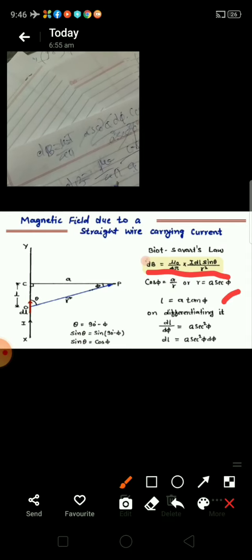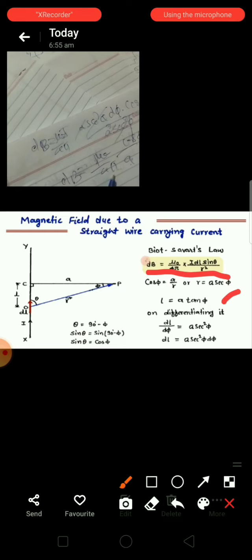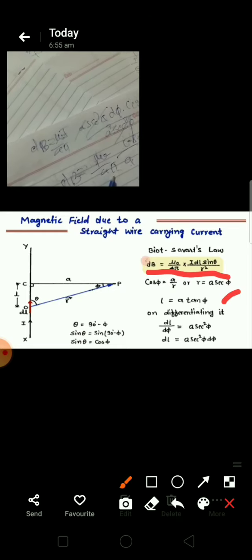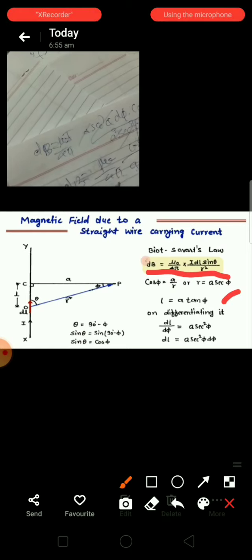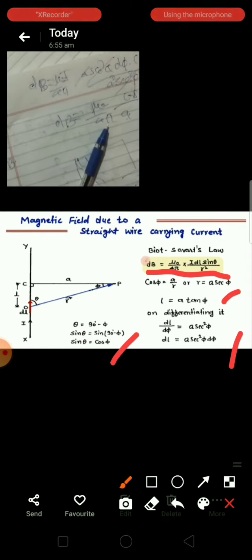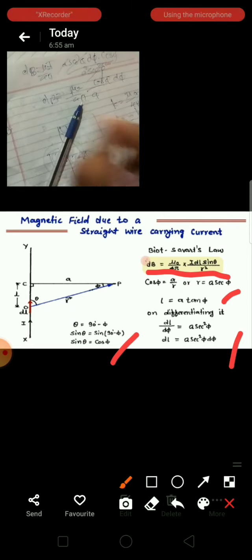So L is equal to a tan phi, since tan phi is L divided by a. Differentiating, dl is equal to a sec square phi d phi. Next the angle, I already derived here, so just refer to it. If you cannot see it clearly in my handwriting, you can see this PPT.